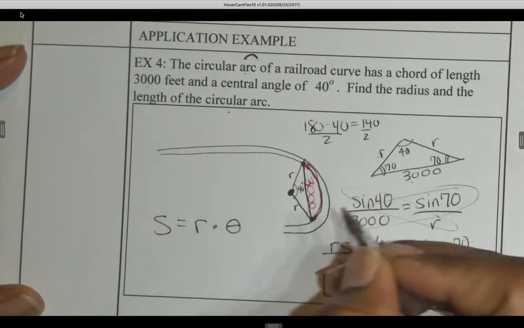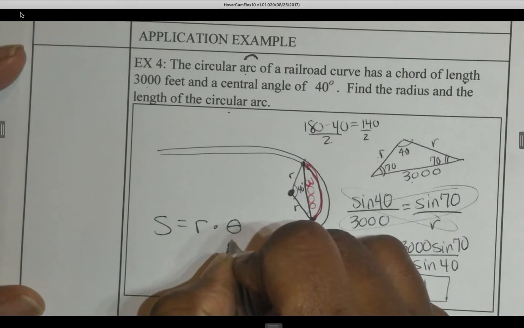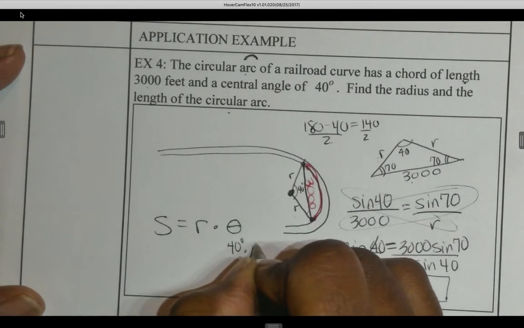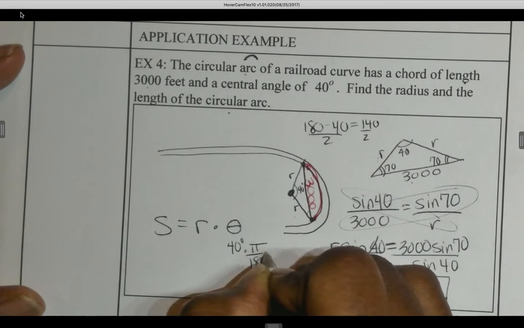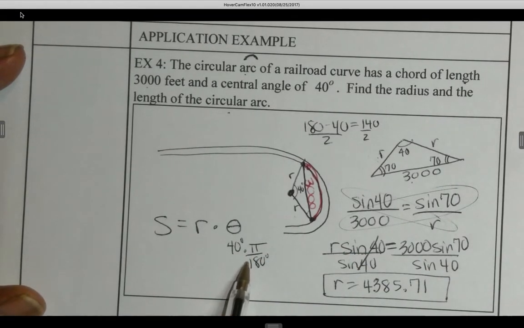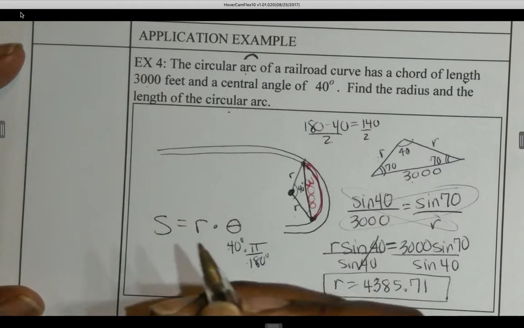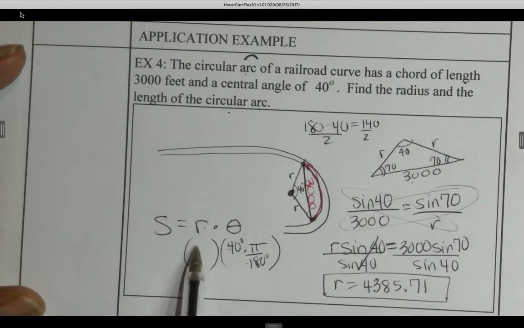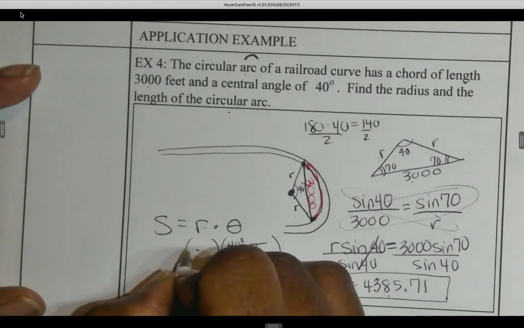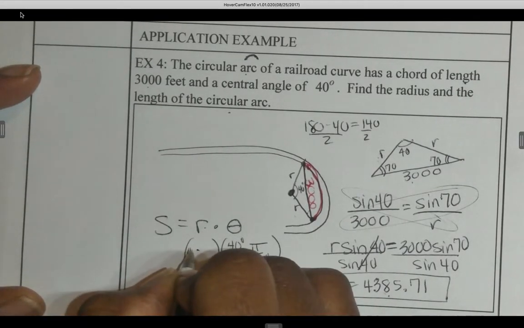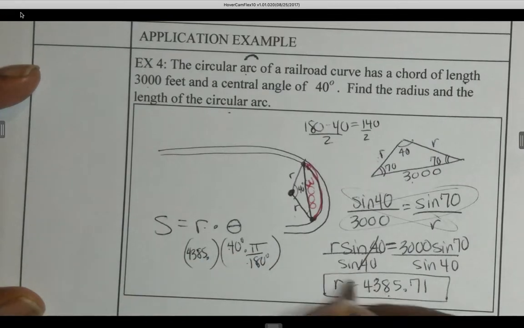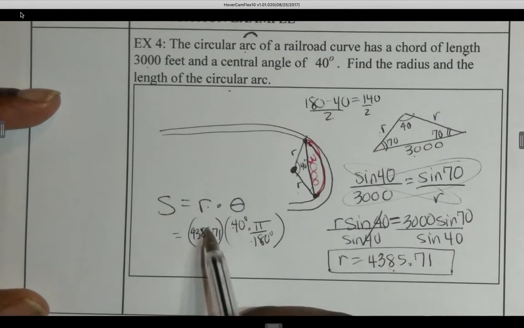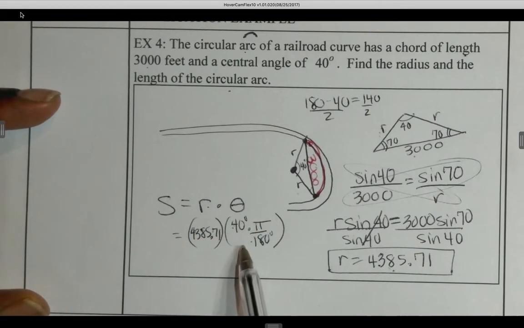So if I have 40 degrees, to change that to radians, we were using the fact that pi over 180 is equivalent. So we can use that and change this to radians. Okay, so I'm going to leave that in parentheses. And then we're supposed to multiply by the radius, which we now found is this 4,385.71 number. All right, so our arc length is going to be this times our angle in radians.